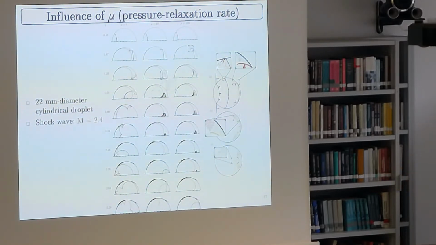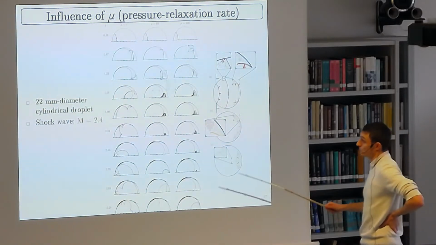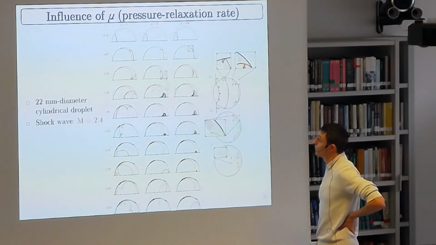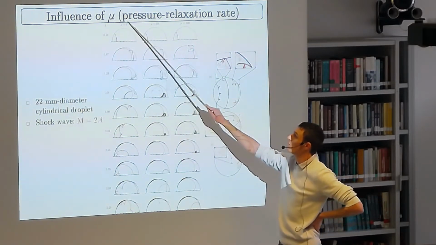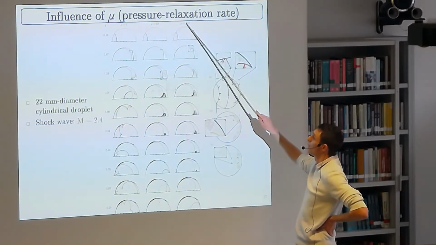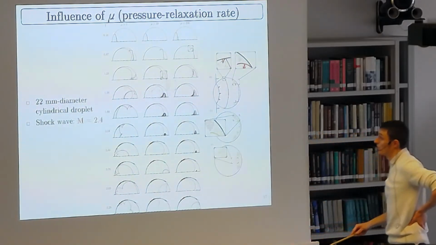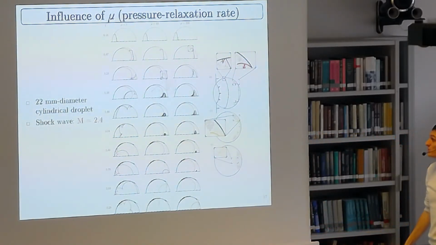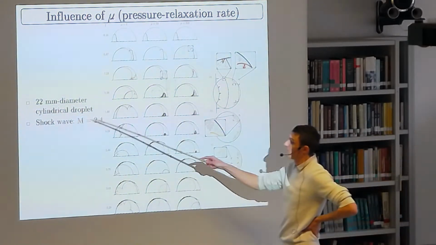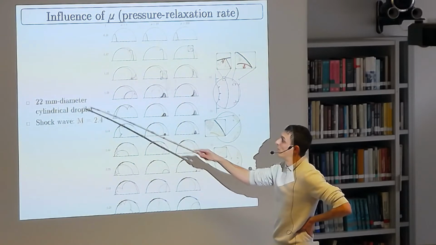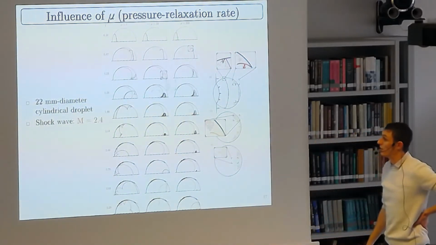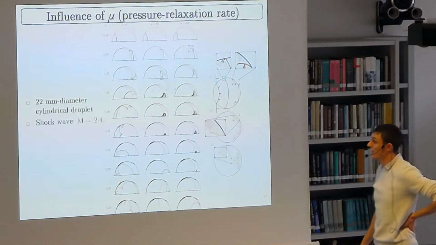Now, if we look at what happens when we compute for different pressure relaxation rates, here mu equal 10, with Mach 2.4 and a droplet 2 millimeters in diameter.